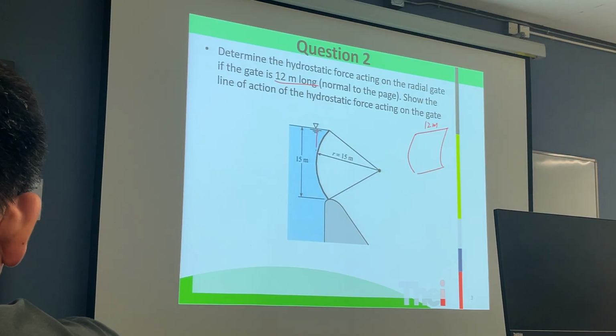It's a static force problem. We will cut, method 1, we will cut this water block out for study.